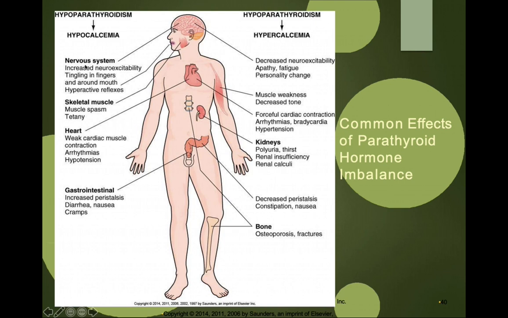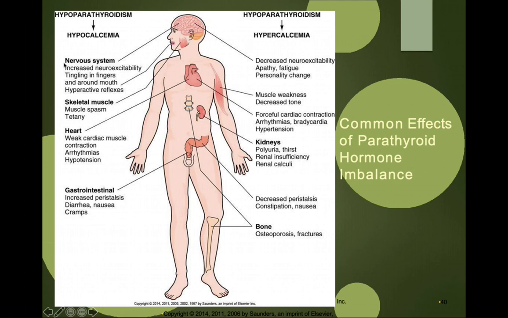So on the left, we have signs of hypocalcemia with hypoparathyroidism, and on the right, hypercalcemia. This is a typo. This should say hyperparathyroidism causes hypercalcemia, which results in fatigue, personality changes, decreased neural excitability.